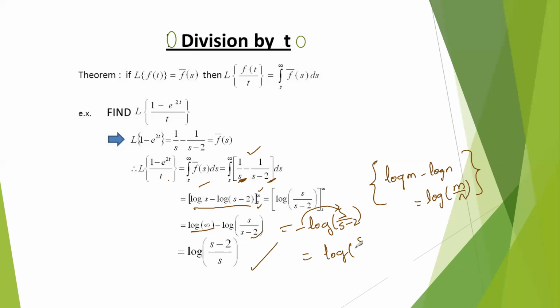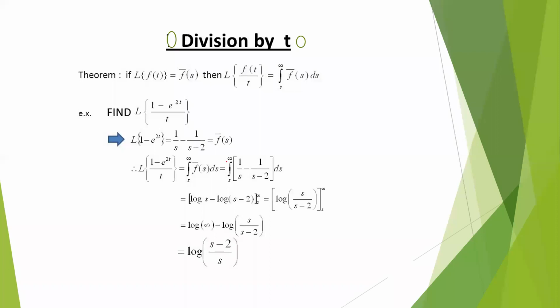Log of s by s minus 2 whole power minus 1, which can be written as log of s minus 2 divided by s. So like this, we can evaluate Laplace transformation of given questions which possess t in the denominator by using the division by t formula.